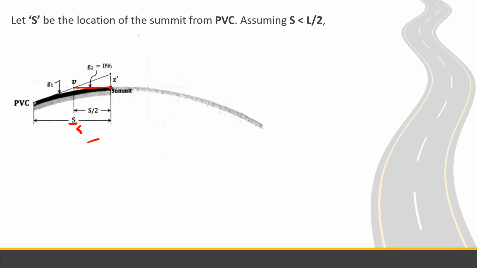Notice that a smaller curve is formed between PVC and the summit with V as its intersection of the tangents. Considering only this curve, this will be our new vertex. From the equation, this tangent here has a 0 grade, totally horizontal. This is still G1.